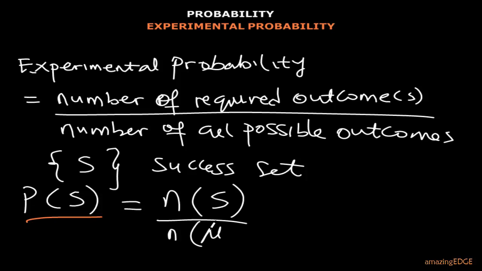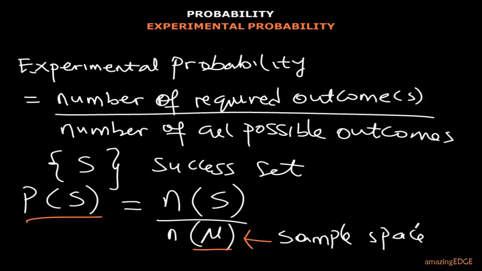So we use mu, the sign mu, to represent the universal set. So here we talked about the number of elements in the set S divided by the number of elements in the universal set. Remember that this mu is the universal set. At times we call it the sample space. So in probability, the universal set, we call it the sample space.